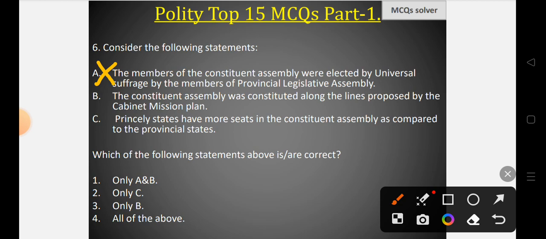Also, princely states don't have more seats because the princely states were less in number. So the provincial states have more seats as compared to the princely states. So statement C is also an incorrect statement. So the correct option will be option number 3, that is only B is the correct option.